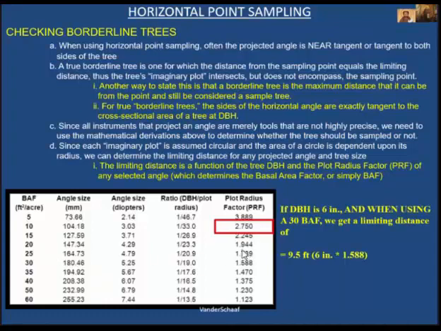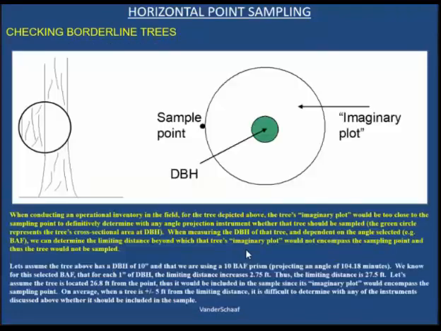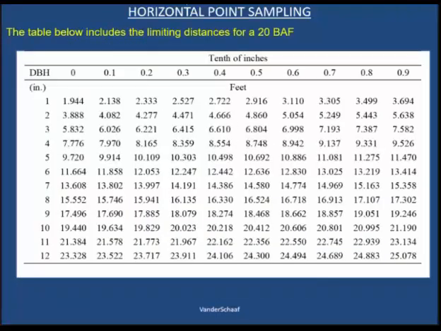You'll notice for a 1.0 inch tree, its limiting distance for the 20 BAF is 1.944, because that is a 1 inch tree. So it can be that far away from the point and still be a true borderline tree and thus sampled.